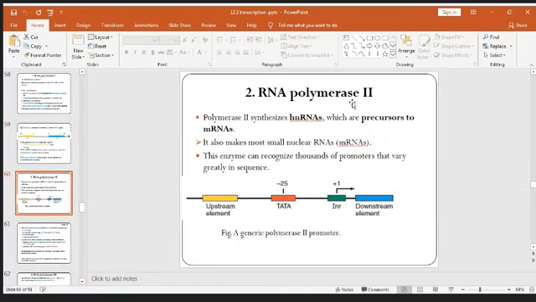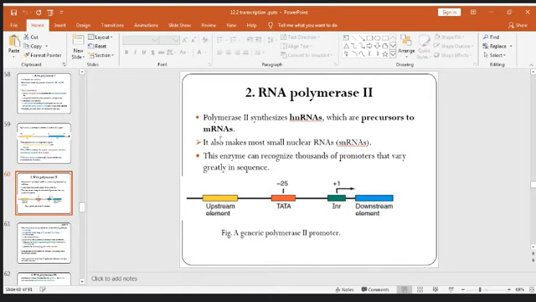When you see RNA polymerase 2, the RNA polymerase 2 synthesizes heteronuclear RNAs, which are precursors to the messenger RNA. So because, as we said before, each of the RNA polymerases in the eukaryotic genes has its own function to synthesize a specific type of RNA.